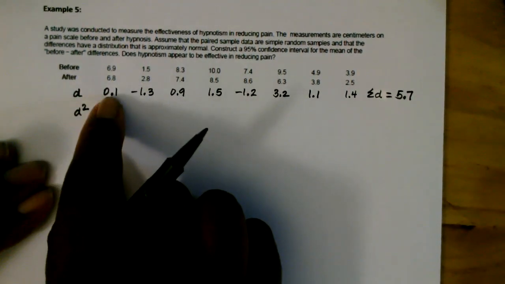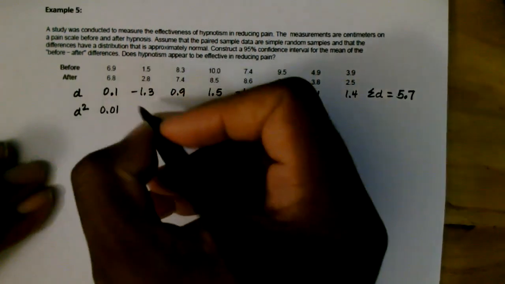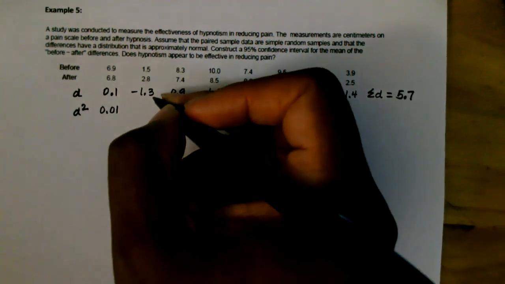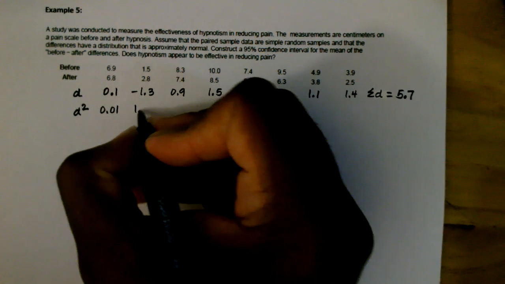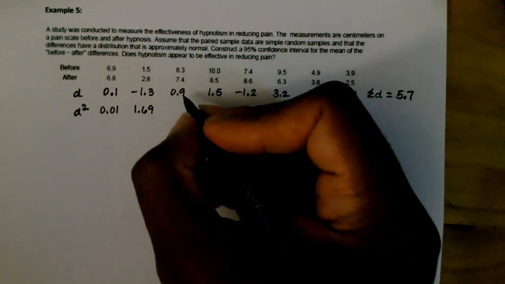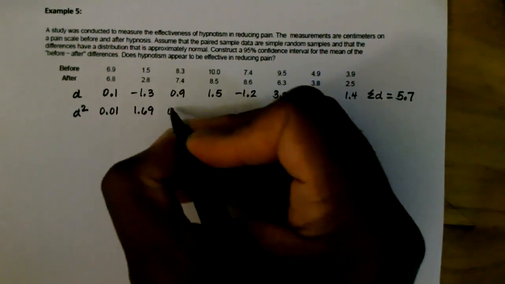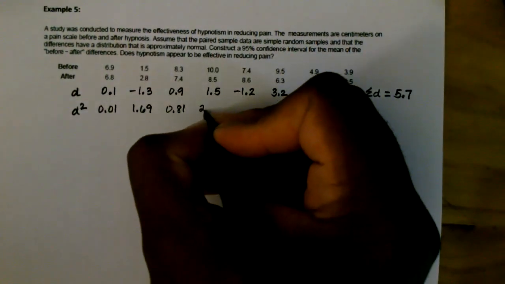So 0.1 squared is 0.1 times 0.1. You'll get 0.01. Negative 1.3 squared is negative 1.3 times negative 1.3. That's 1.69. 0.9 squared will be 0.81. 1.5 squared will be 2.25.